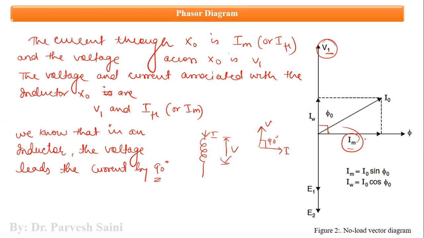And you can also say that Im is lagging V1 by 90 degrees and it is coming in phase with the flux. You can take it in any particular manner. That is totally up to you, right?